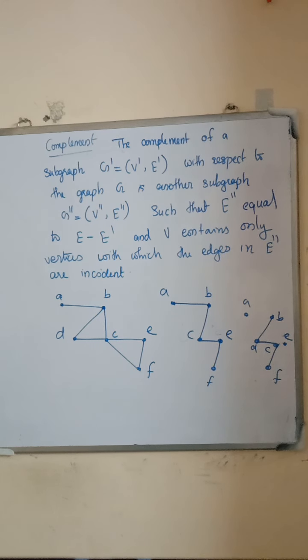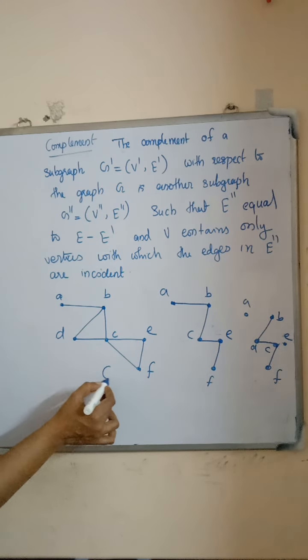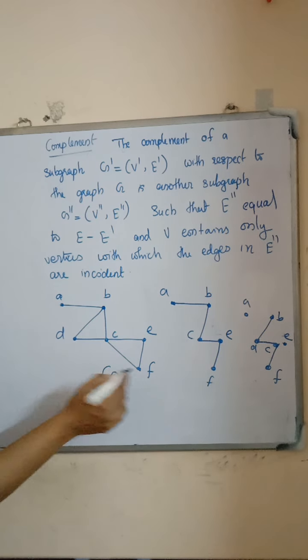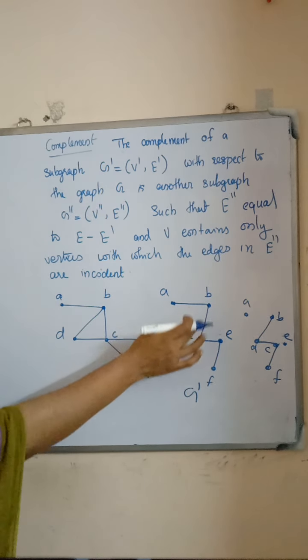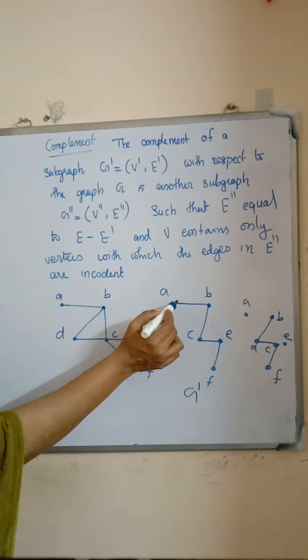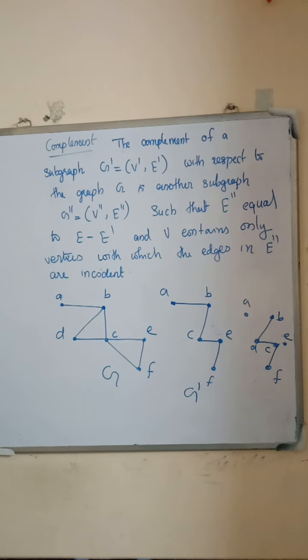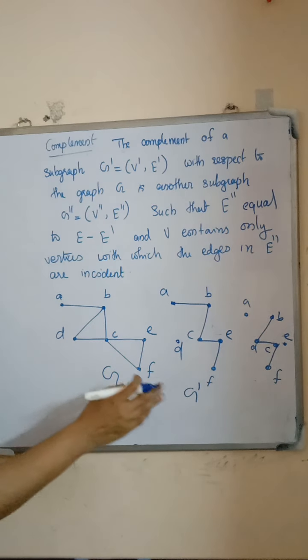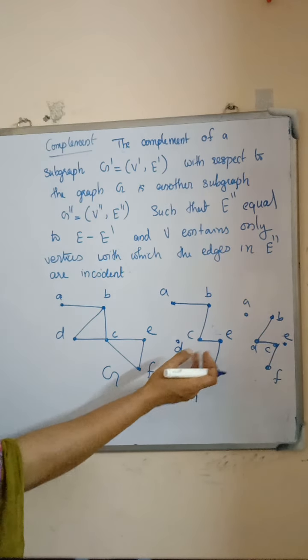Next we define the complement of a graph. Suppose we have a graph G with vertices A, B, C, D, E, F, and G' is a subgraph of G. What is its complement?